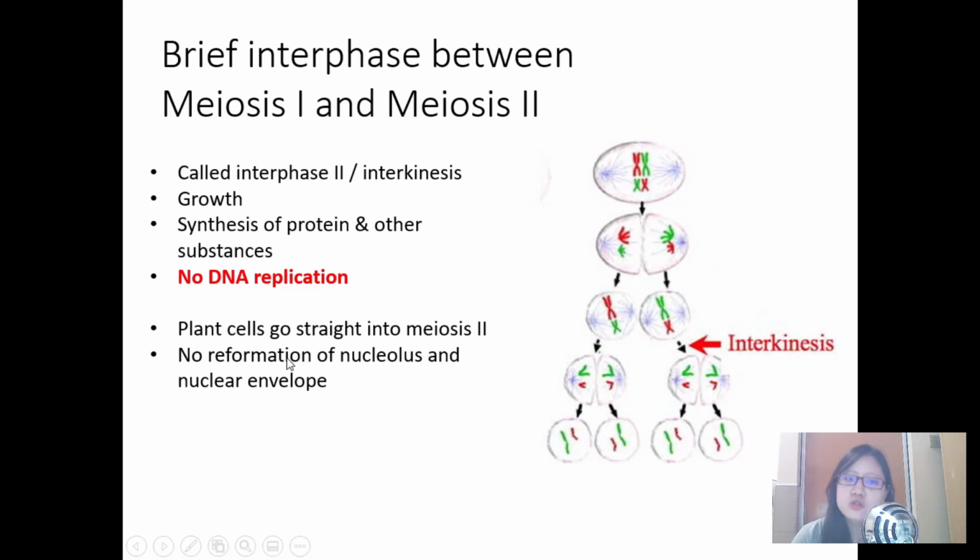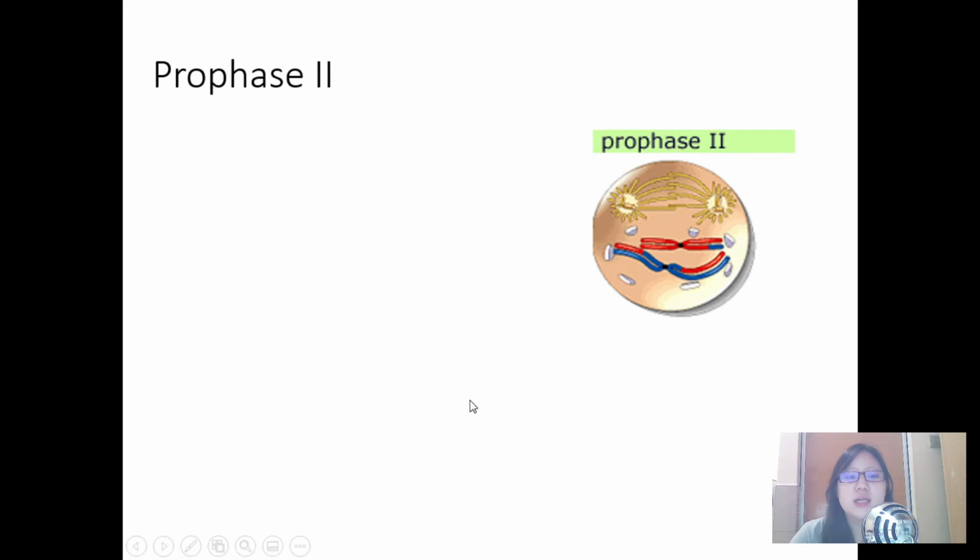Now plant cells don't even go through interphase 2. This is for animal cells only, and in plant cells there's not even the formation of the nucleolus and the nuclear envelope. And that's the end of meiosis I as well as interphase 2.